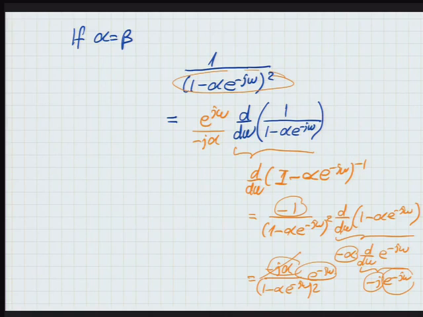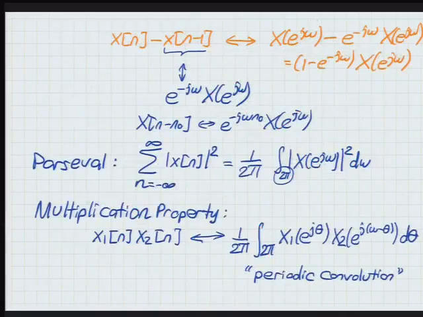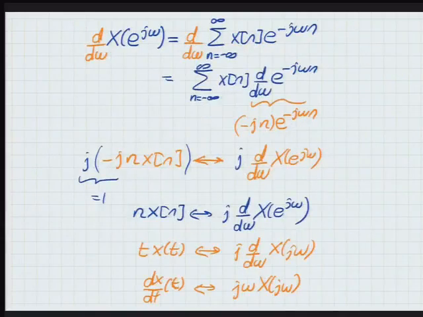Now, what is the signal that gives me this Fourier transform? The derivative property that we discussed several... it's here.